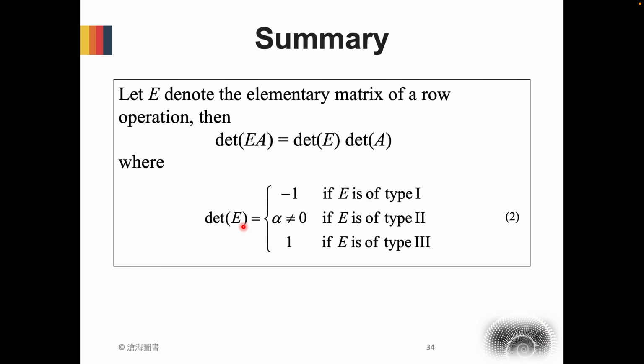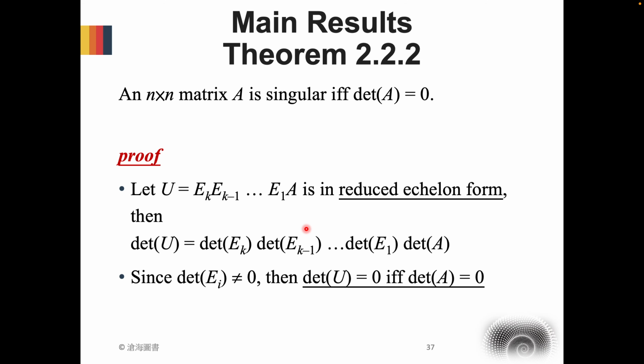So the determinant of E_i is never equal to 0. So how would determinant U equal 0 if and only if determinant A is equal to 0? If determinant A is equal to 0, then determinant U is also equal to 0. If determinant A is not equal to 0, then determinant U is not equal to 0 either, right?